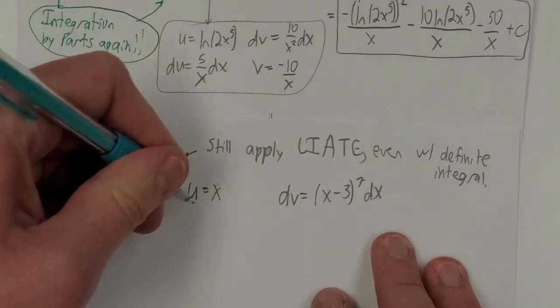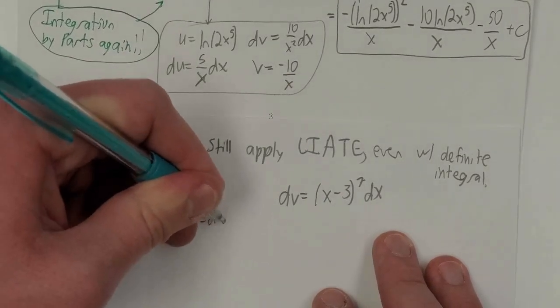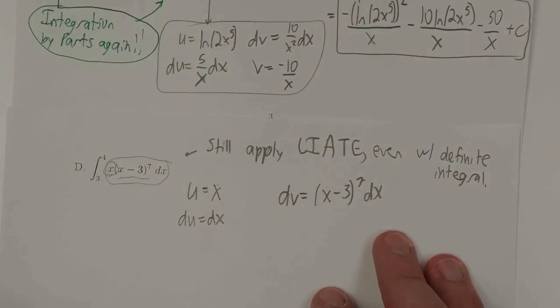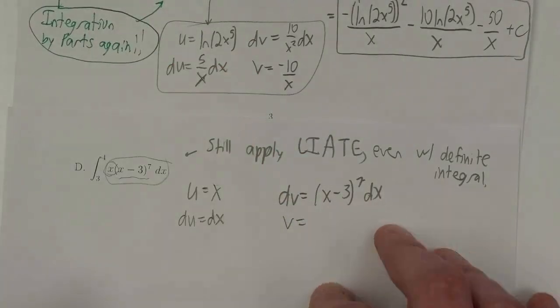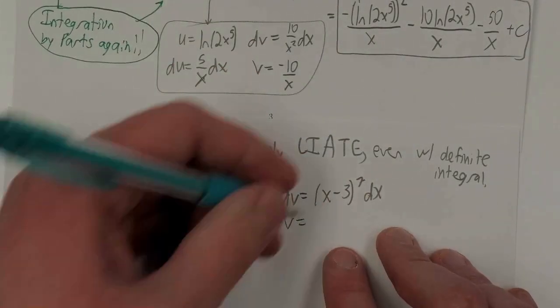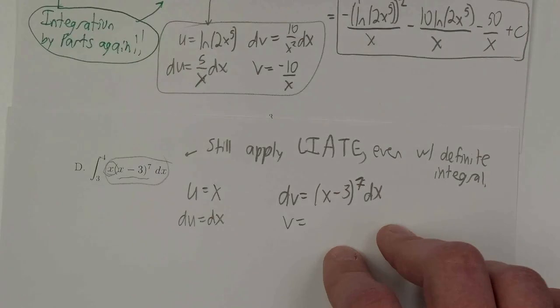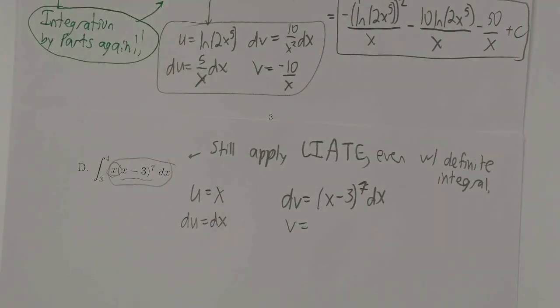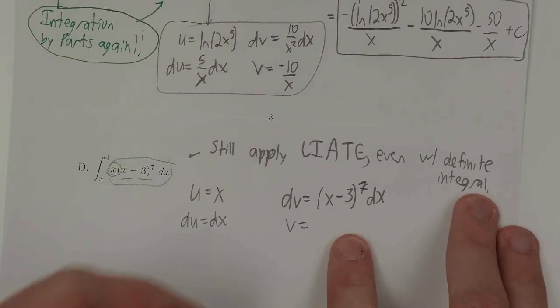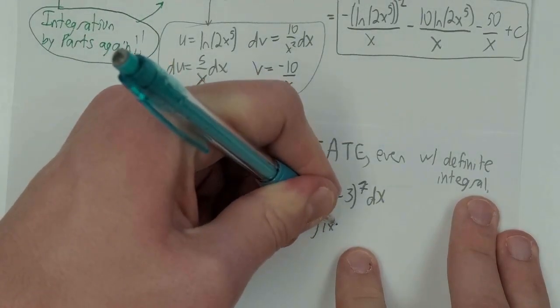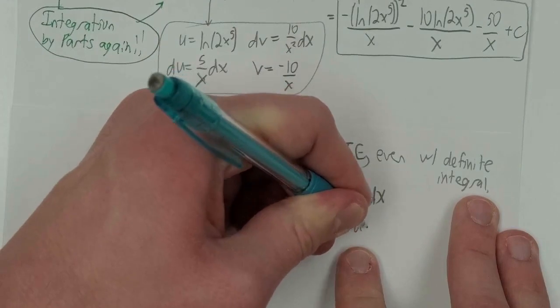Okay? So du still equals dx, as before, but with v, we have to take the antiderivative of x minus 3 to the power of 7. So if we utilize the appropriate integration technique, in this case substitution, what would be the antiderivative of x minus 3 to the power of 7 dx?